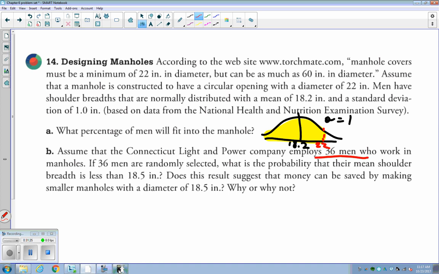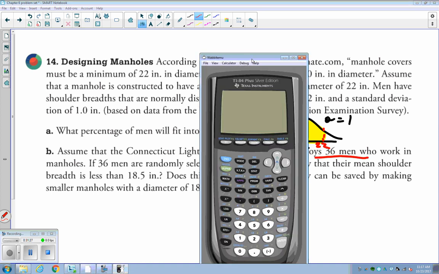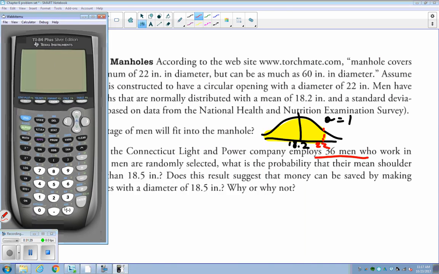Again, you can use your table, you can do the z-scores, you can go ahead and use your calculator. So I'm going to go second distribution again, and I'm going to go down to the normal curve. My lower limit is going to be what? Negative 99999.